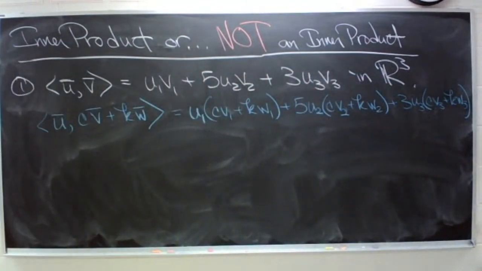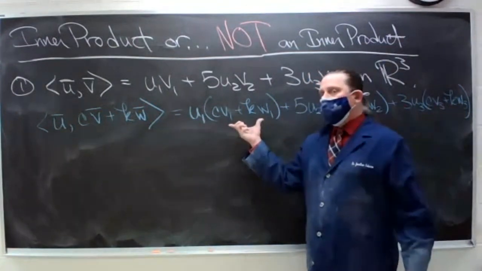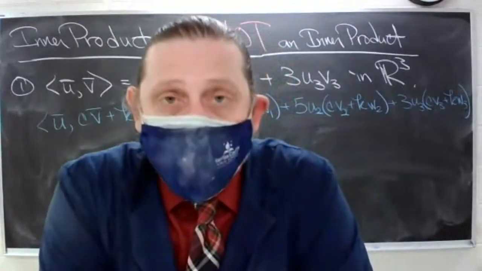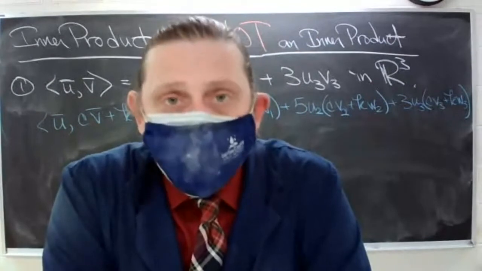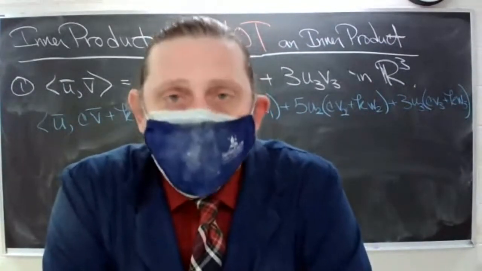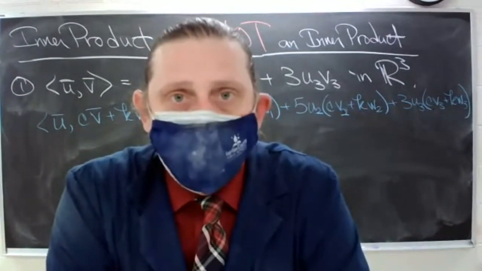Now, each of these contributions to the inner product takes the form of a number times this sum. If you remember from our discussion of linearity weeks ago, multiplication by a constant is the only fundamentally linear operation.